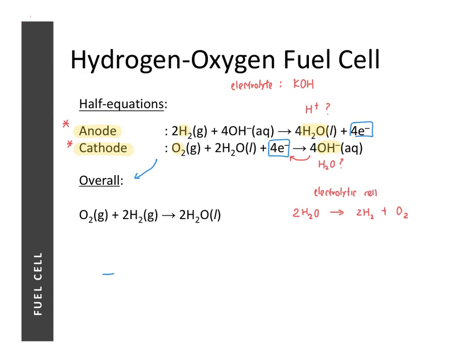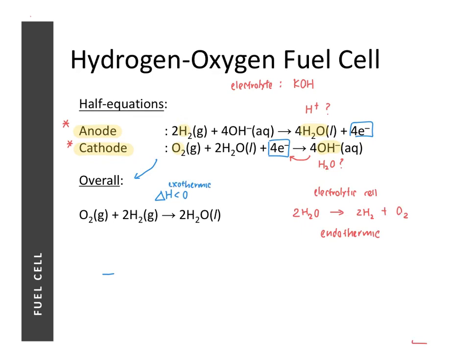So what this tells you is that the splitting of water into hydrogen and oxygen is actually an endothermic reaction, so it requires energy to take place. Now, if the breaking up of water into hydrogen and oxygen is endothermic, when water is formed from oxygen and hydrogen, it tells you that this reaction is actually exothermic.